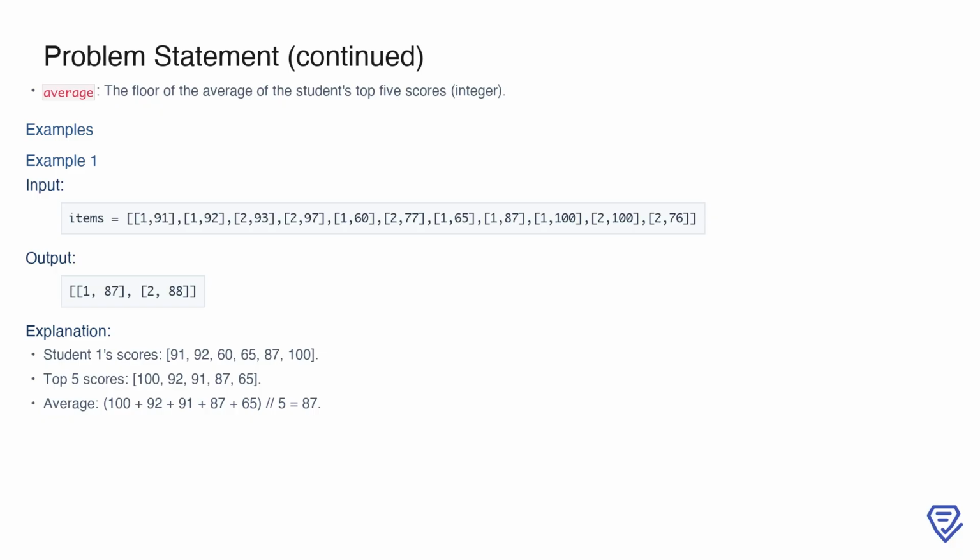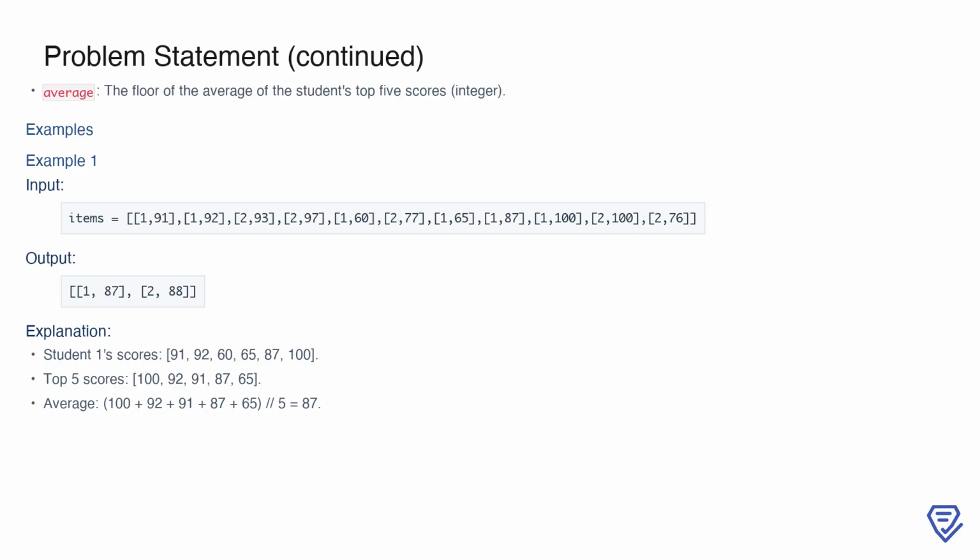Suppose the input is items equals [[1,91],[1,92],[2,93],[2,97],[1,60],[2,77],[1,65],[1,87],[1,100],[2,100],[2,76]]. Here, we have scores for two students, 1 and 2.